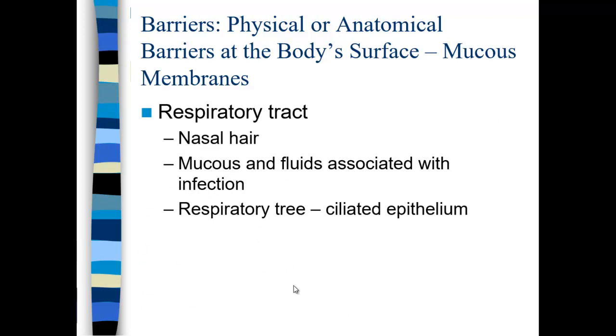Mucous membranes also line the respiratory tract, and your nose is lined with nasal hair, including larger hairs or smaller fine hairs that are called cilia. And then the respiratory tract is lined with mucus and other fluids associated with infection. When the respiratory tract experiences infection, then the fluid production increases to rinse the fluids out of the respiratory tract by coughing and sneezing, runny nose, things like that.